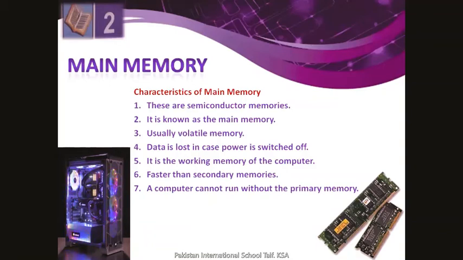It is the main working area where we are working and interacting. It is faster than secondary memories. A computer cannot run without the primary memory, because it is very important. Without a primary memory, our computer cannot load any program.